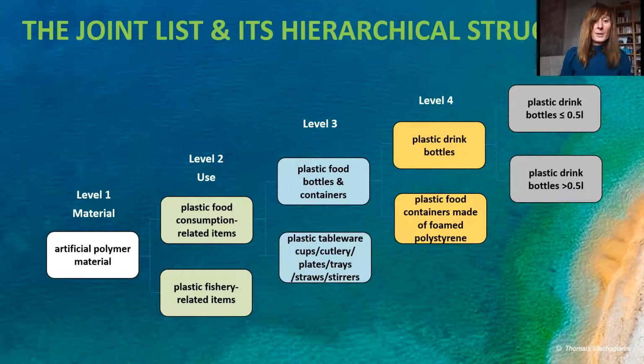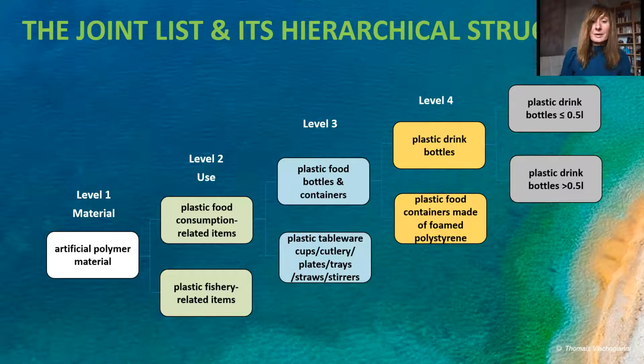And on the second level, we have the use. So items can be plastic food consumption related or plastic fishery related items, and we will come back to that. At the third level, we have specific types of litter items, for example, plastic food bottles and containers, or plastic tableware, cups and cutlery.